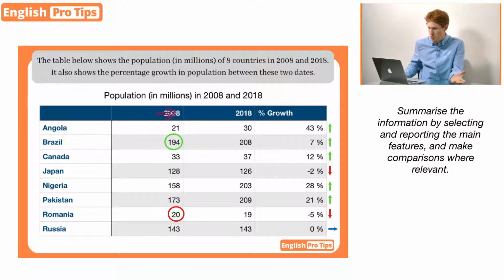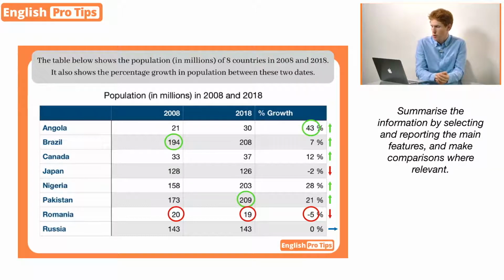Afterwards, if we look at 2018, we can see the highest population in Pakistan, so there's been a change there, and the lowest population is still in Romania. And finally, if we look at the last column, percentage growth, we can see that the largest growth was in Angola, and the smallest growth, or rather the largest negative growth, was in Romania.